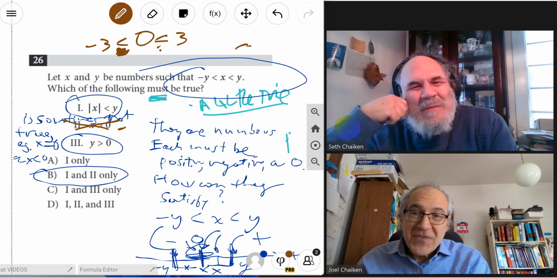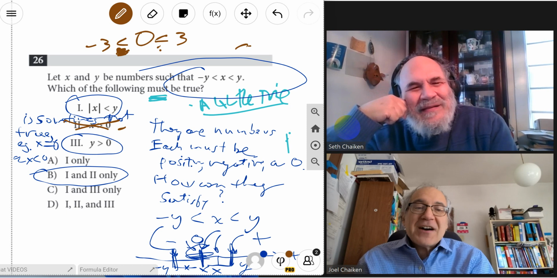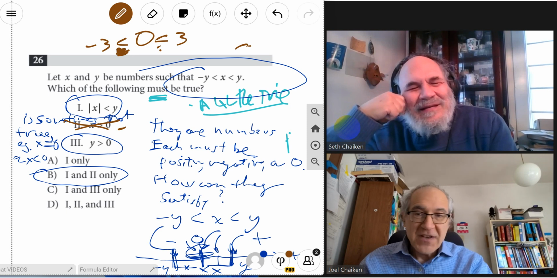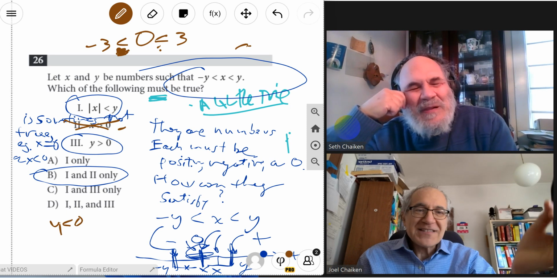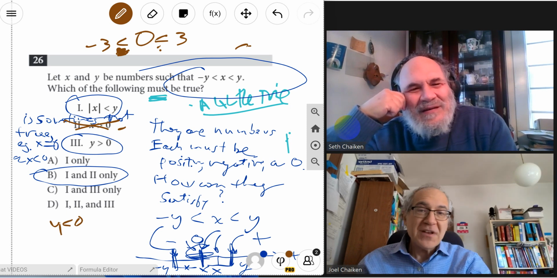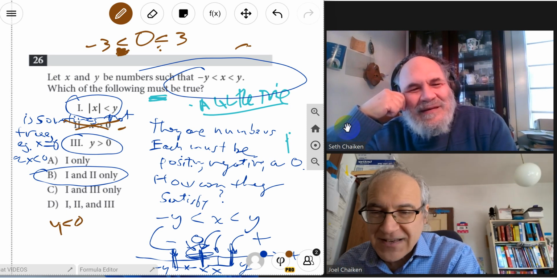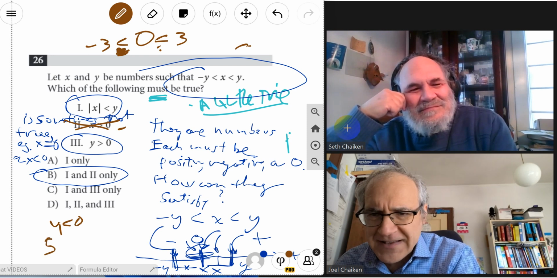The question is, weird things happen. Let's check out when Y is less than 0. Let's say Y is negative 5. If Y is negative 5, then the negative of negative 5 is 5, which is less than X, and X is less than negative 5.